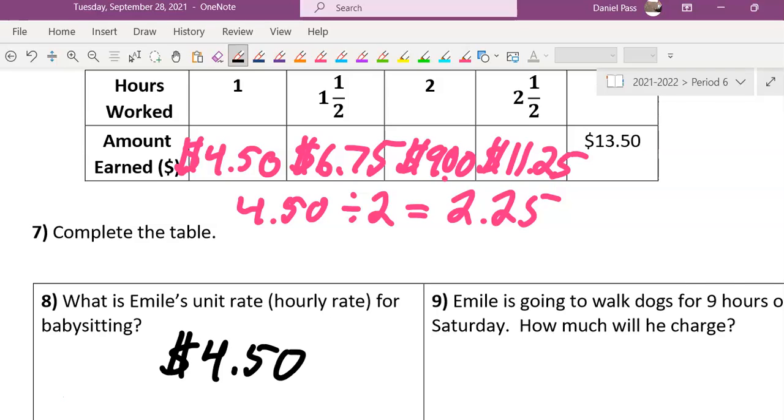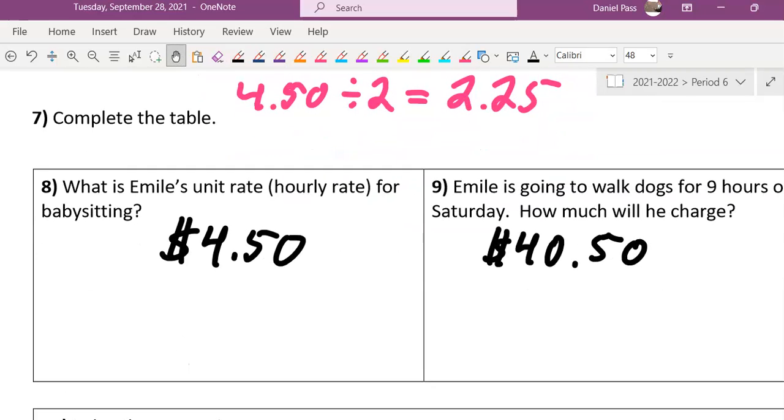Okay, and what would Emil make for 9 hours? $40.50. Awesome. How'd you do that? You multiply 9 by $4.50. Right, so since that's 1 hour, we multiply it times 9 to get it for 9 hours. Good job.